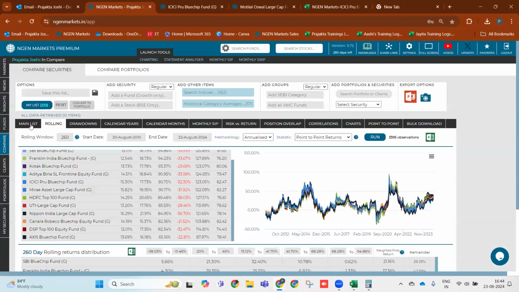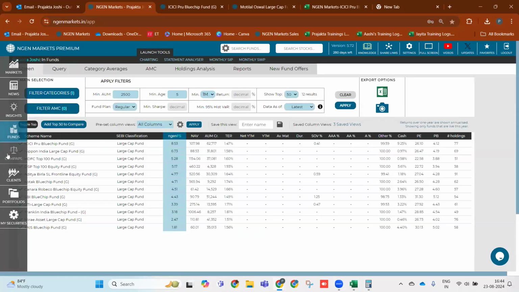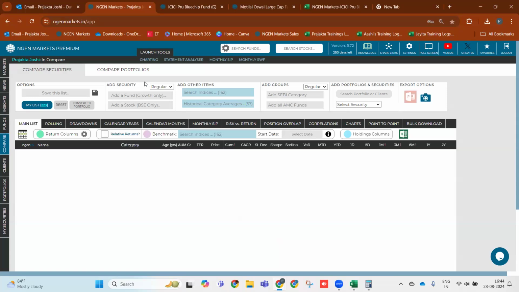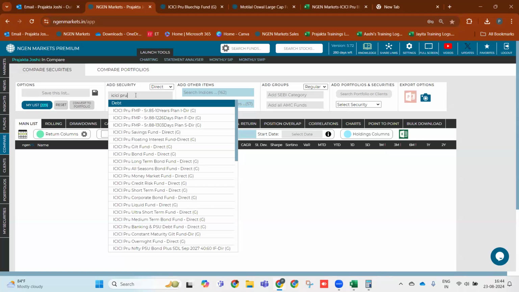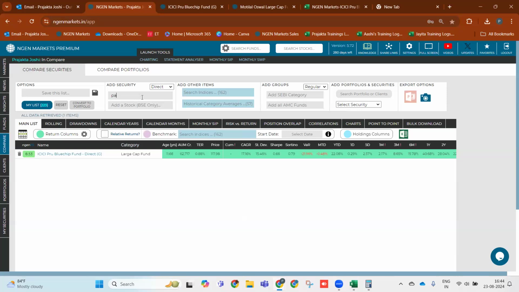So typically, you load direct funds here. For example, let's say Parag Parekh.